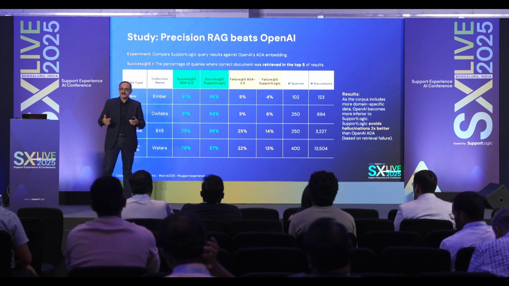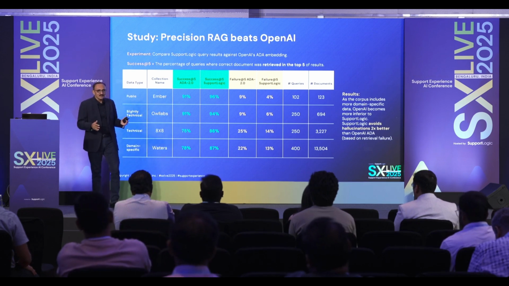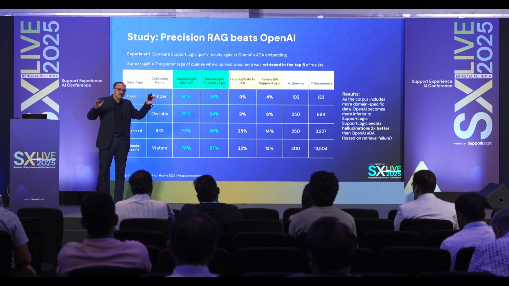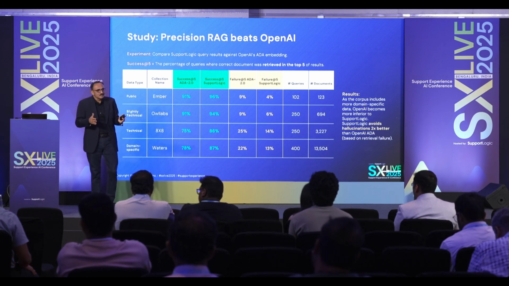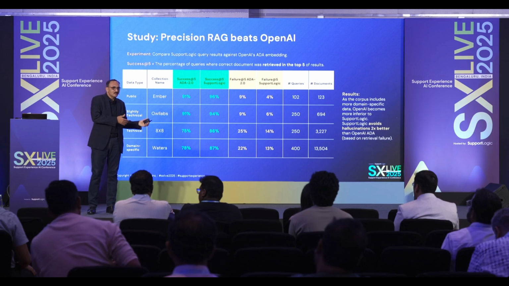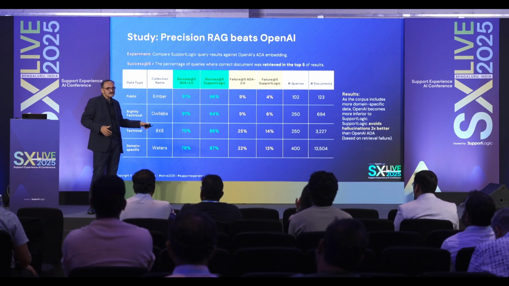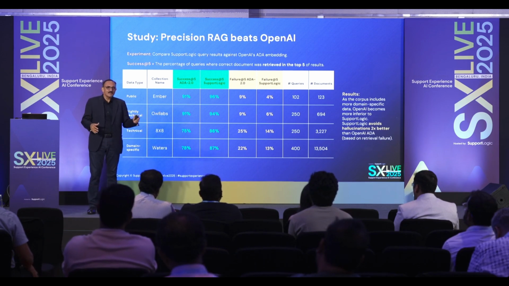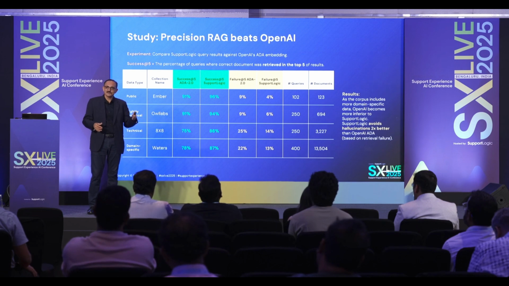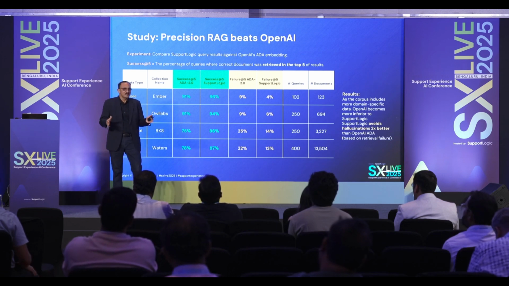And like I said earlier, if it is a how-to question, our efficiency is probably the same, not as good, because that is not what it is designed for. But if you go for more complex scenarios with very domain-specific content, 25% efficiency or precision in the support world is a big number.